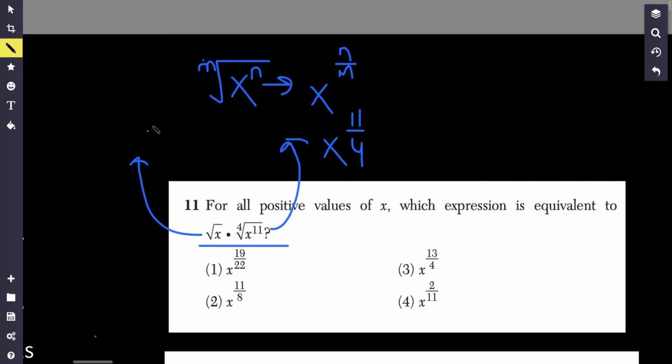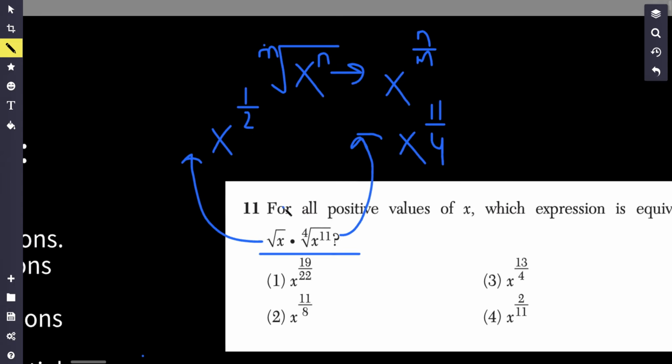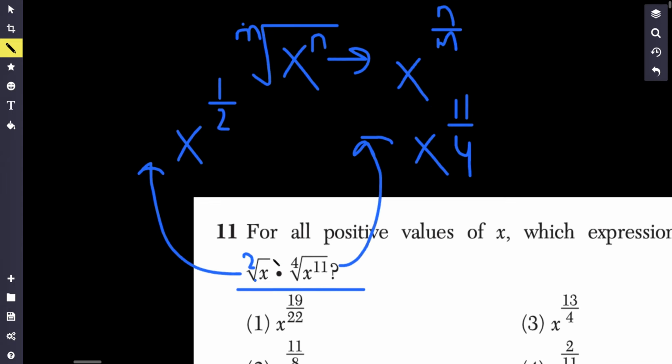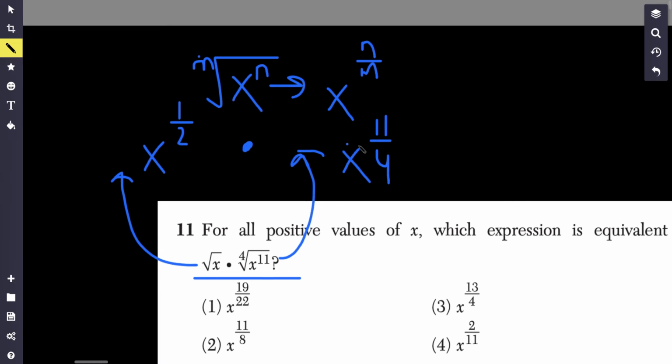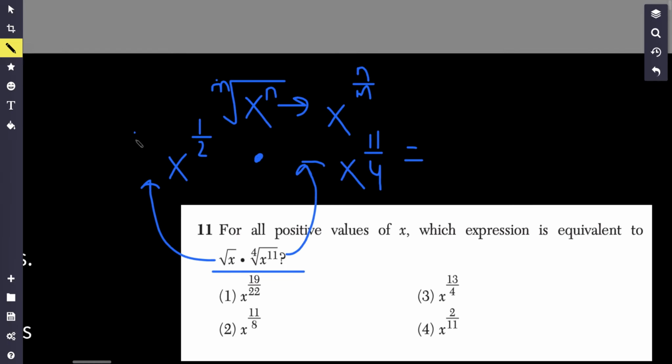Now for the square root of x, we can rewrite this as x to the 1/2 power. You can think about the square root of x as the second root of x. So technically, what we have over here is x to the first power, and it's to the second root. So we're going to have x to the 1/2 power. And remember, we're multiplying these two things together. If you remember your exponent properties, if you multiply two things with the same base, you can just add up their exponents.